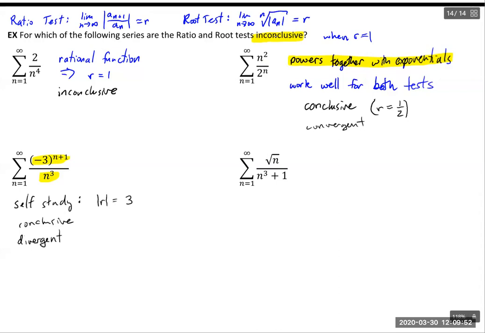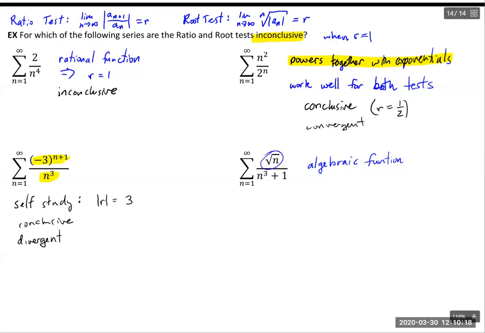Last problem here. This is what we would call an algebraic function. An algebraic function is a combination of root extraction together with the operations of a rational function. So it's basically a rational function, but where you allow fractional powers.